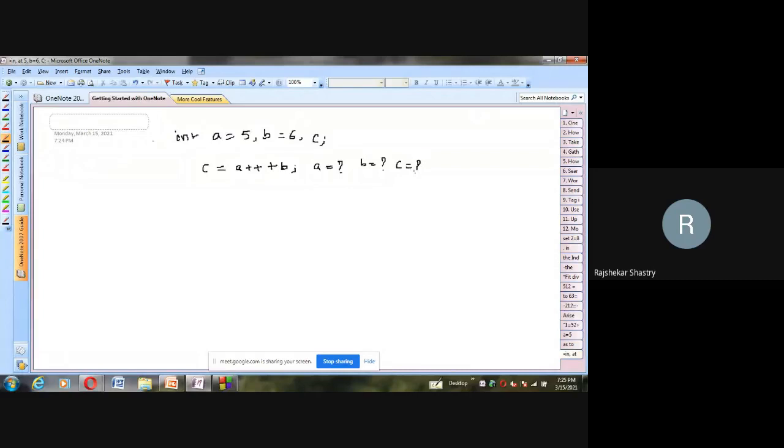Okay, I'm getting some other answers too. A is 6, B is 6 and C is 11, sir. These people are saying that C is equal to 11, A is equal to 6, B is also 6.